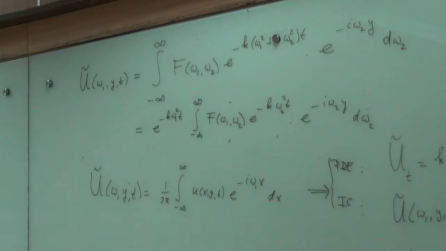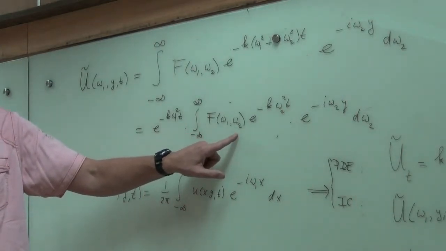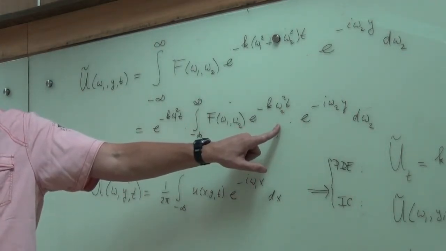I see that I have a product of a function of omega 2 times this exponential.